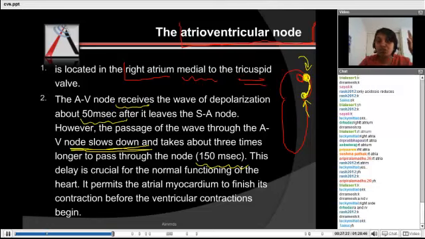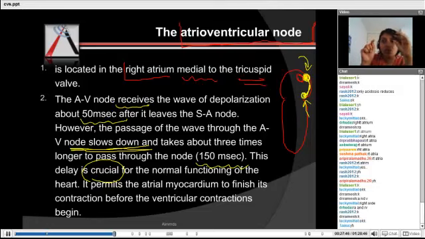This delay is crucial. Why is this delay important? Because the human body is designed such that the atria should complete their contraction before the ventricles contract. So when the SA node's impulse comes, it is in the walls of the atria. The atria are contracting now and the AV node will delay the impulse.